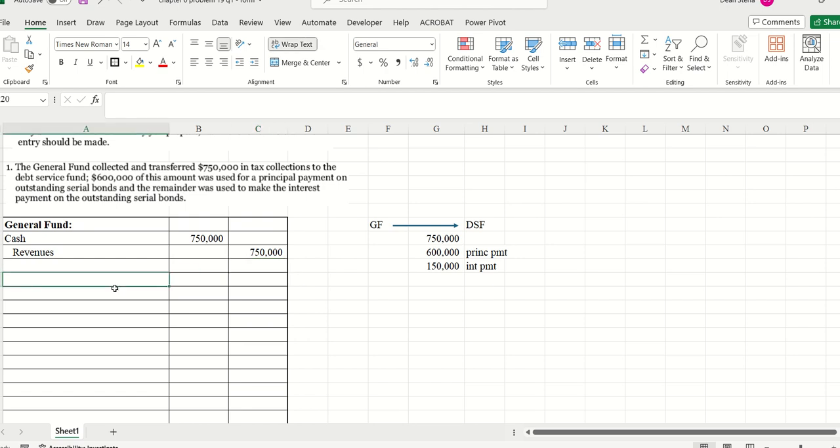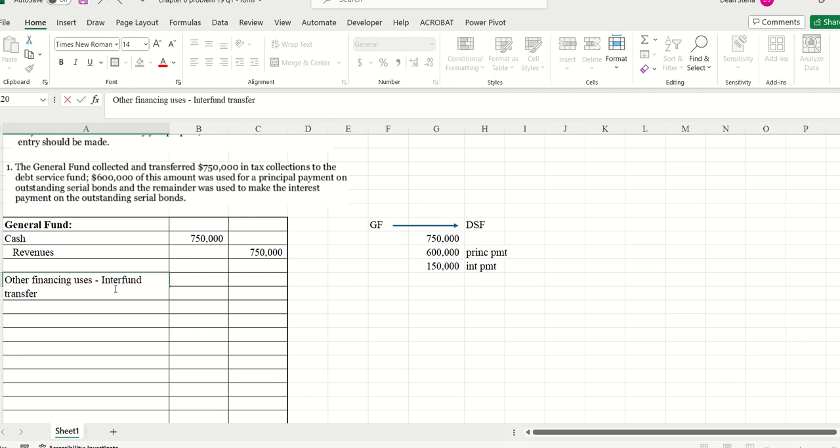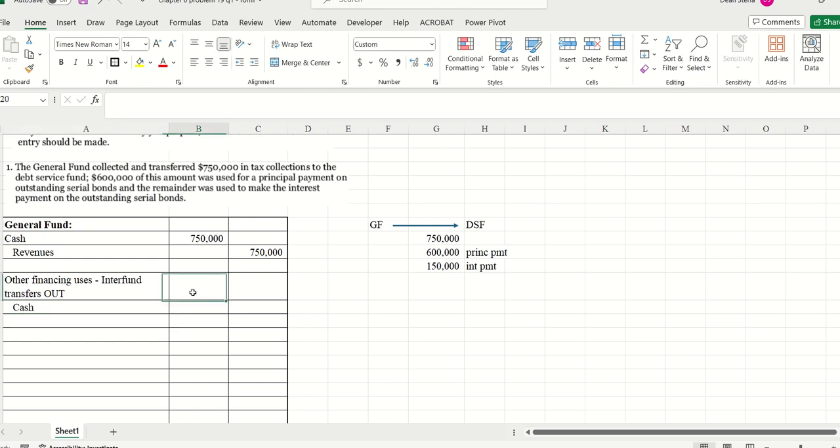So we're going to do that by using other financing uses, interfund transfers out. And what are we transferring out? Cash.